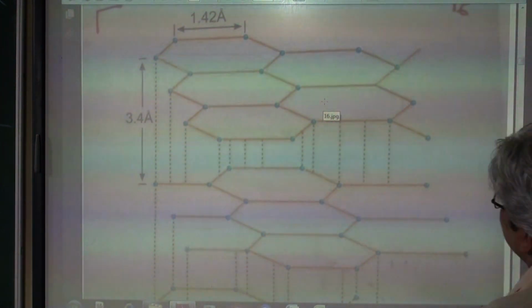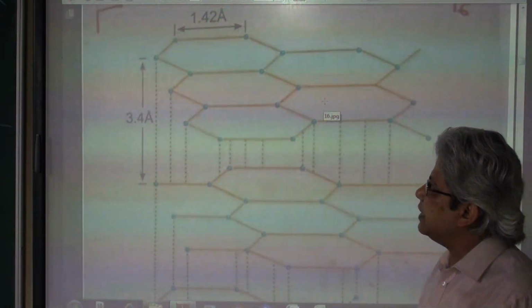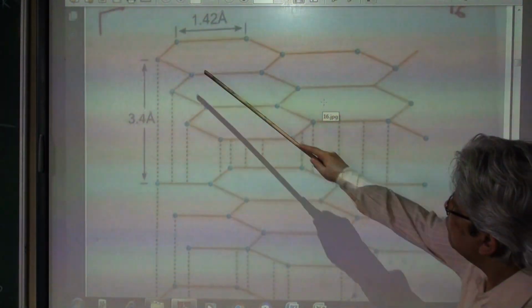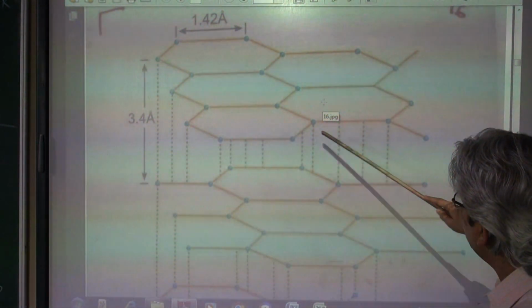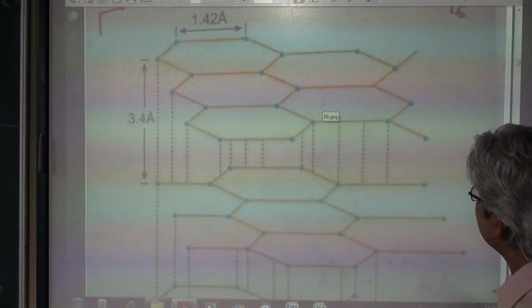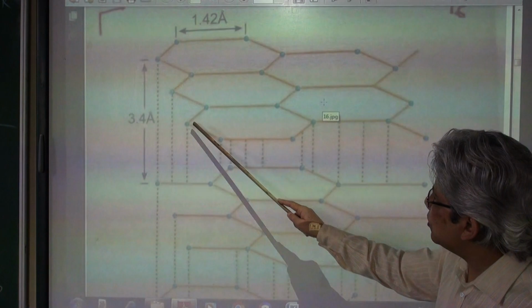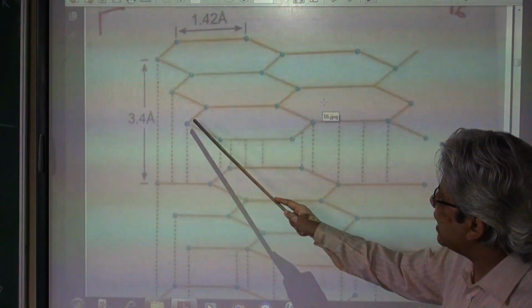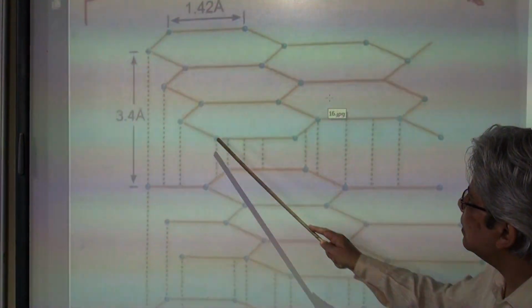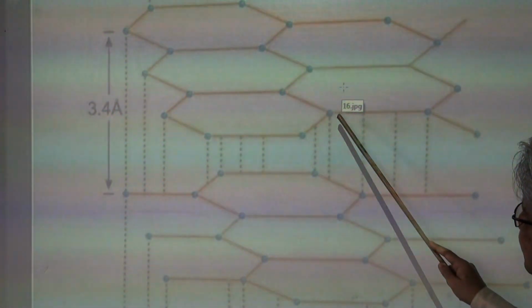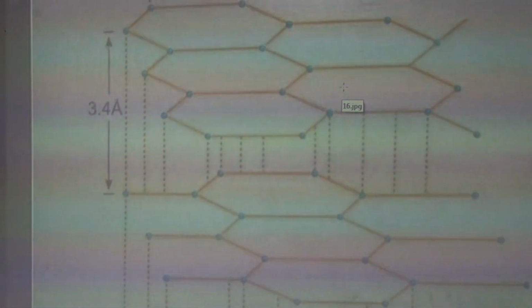Next we come to graphite. Please try to get the structure. First look at only this portion. You can see those blue particles, which are carbon atoms, are arranged in a hexagonal manner. Each carbon atom is linked to 3 other carbon atoms.